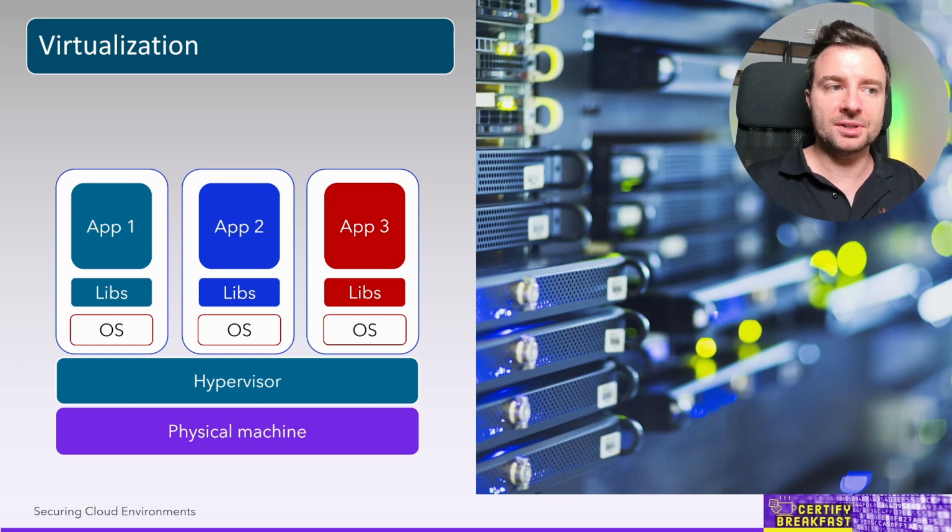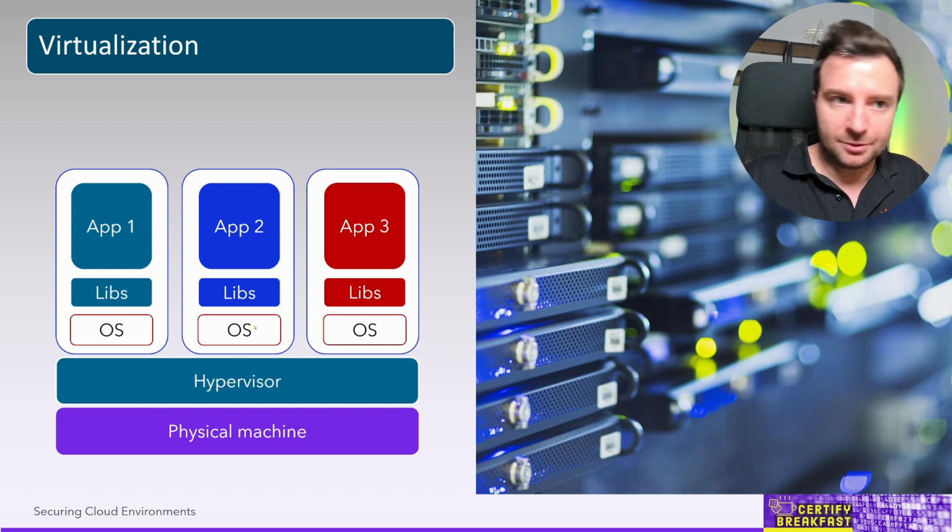Now, of course, these operating systems in here can be anything, right? You can have Linux, you can have Windows systems in here. And of course, these applications that are running on top of them have to match the operating system that they were designed for.